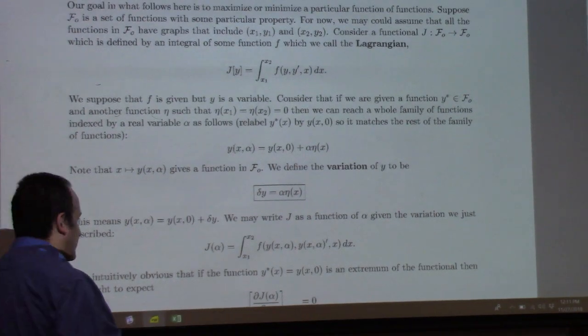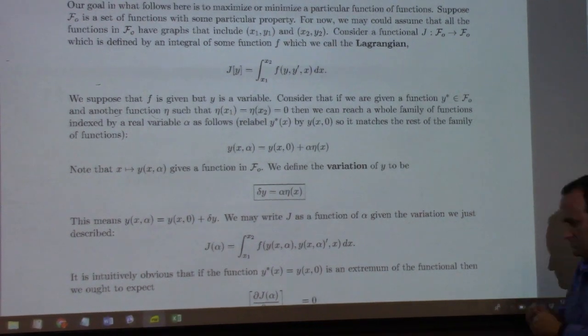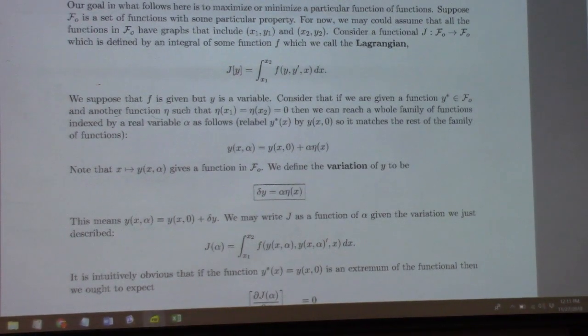So a picture that should probably be drawn here is something like this would be perhaps x1, x2, and this is y of x comma 0. And then eta gives you this little addition, such that this might be y of x comma 1, which is y of x 0 plus 1 times eta of x, yeah?